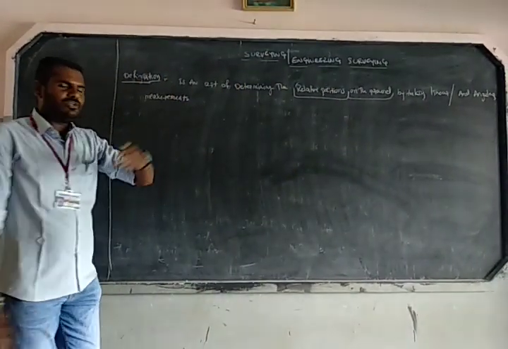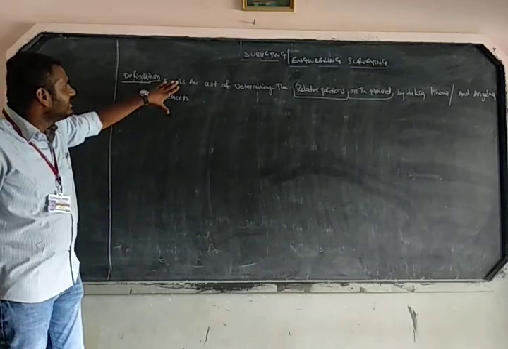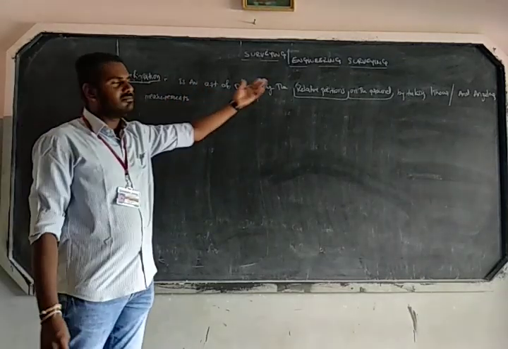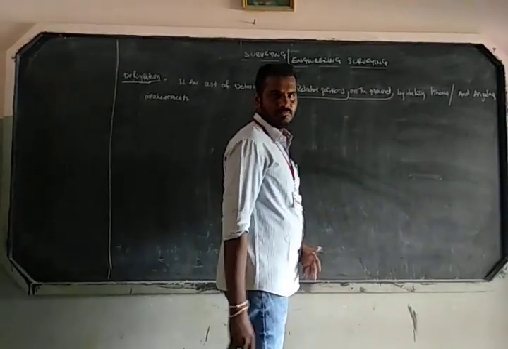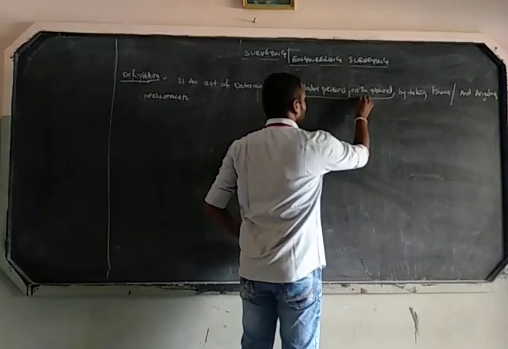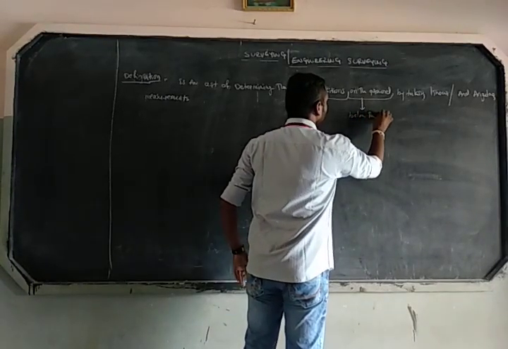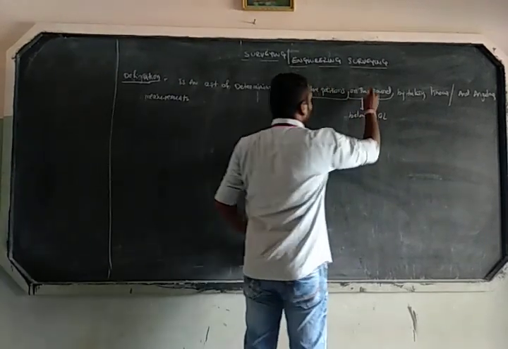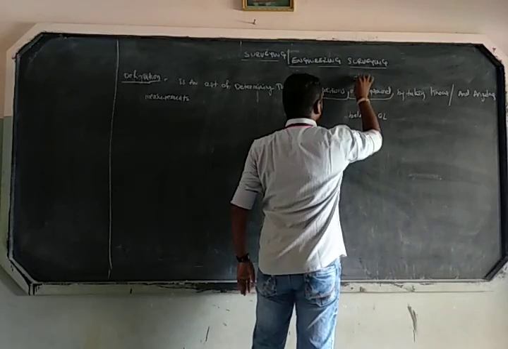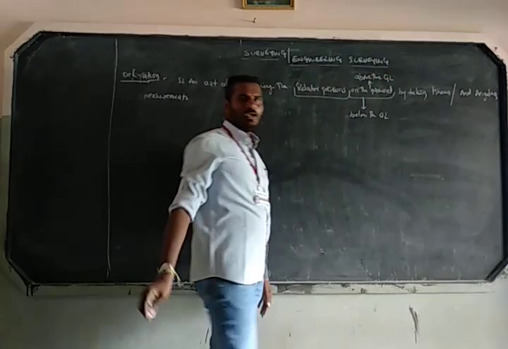So if I give a more detailed definition of surveying, surveying is an art of determining the relative positions, not exactly on the ground. That may be below the ground level, or on the ground level, or directly above the ground level. Okay.